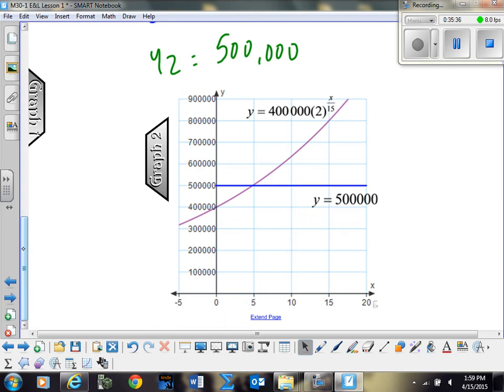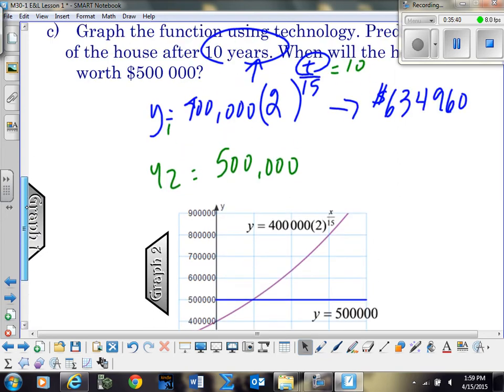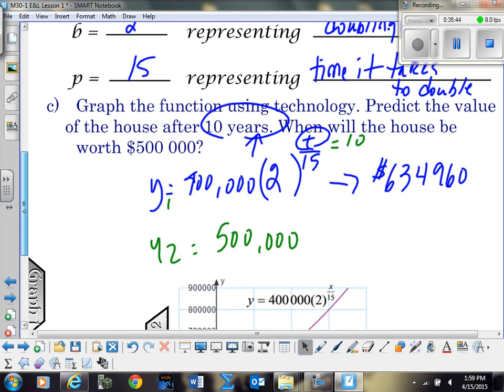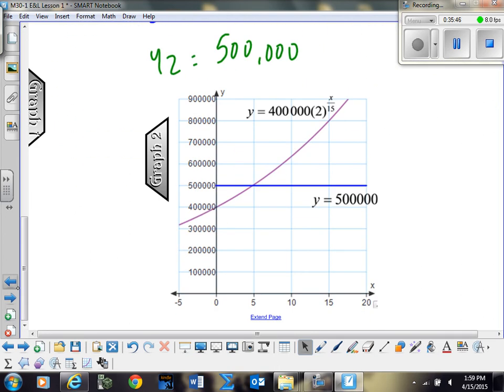So you put that in your calculator and get an exact value. Didn't say how to round it. Okay, so you have the idea. When you're given a y value, it's a y1, y2 intersect. If you're given an x value, you can just plug it into your equation.